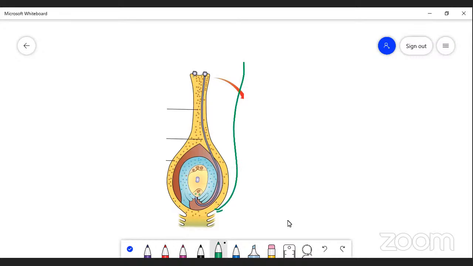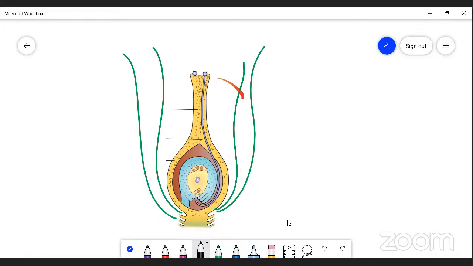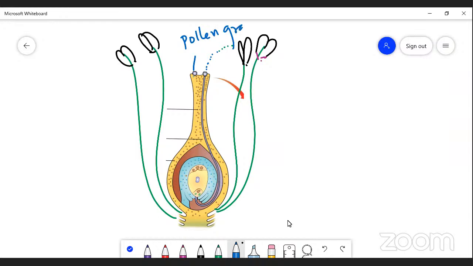Here you can see the androecium, or a group of stamens. These stamens consist of filament and anther lobe. When the anther lobe attains maturity, it will release pollen grains. This is a pollen grain. Pollen grains are transferred from anther to stigma by the process called pollination.